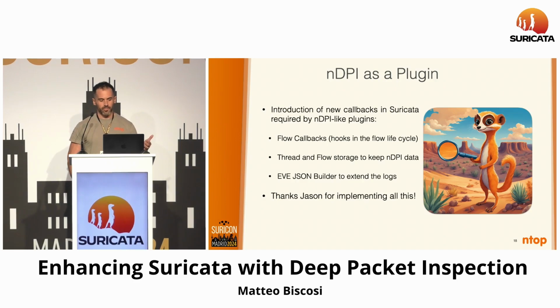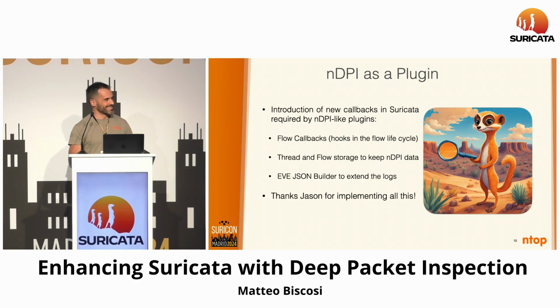And also a callback in the Eve JSON builder to be able to augment the exported information with metadata coming from nDPI. Of course, thank you Jason, I don't know where he is, for implementing all the support for this plugin.